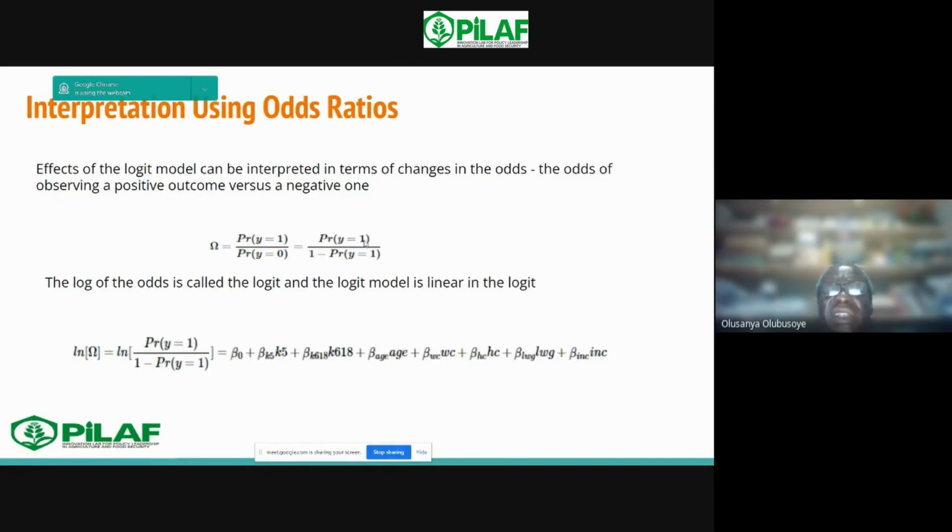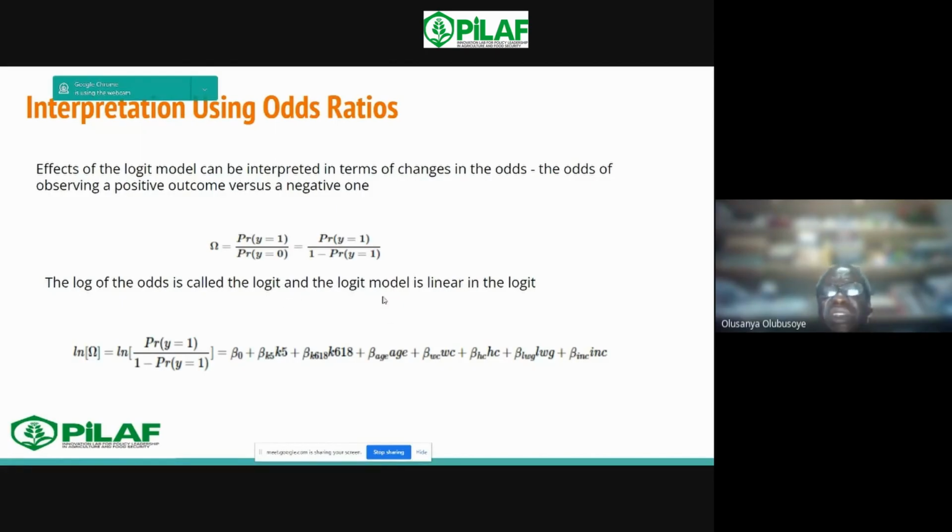So this fraction is what we call the odds. And the log of the odds, if I take the log of this, it's also like taking the log of this side. And this log is called the logit. This is actually where the name comes in. The log of the odds is what is called the logit.